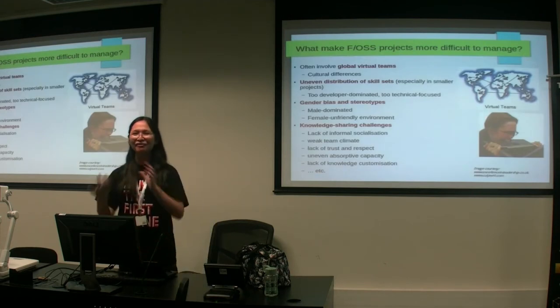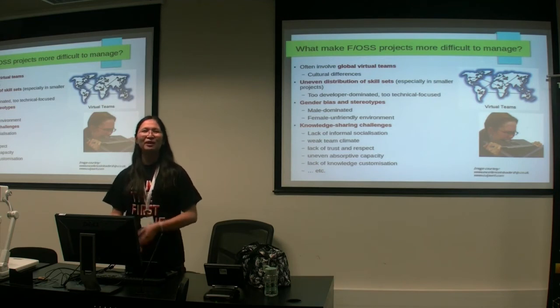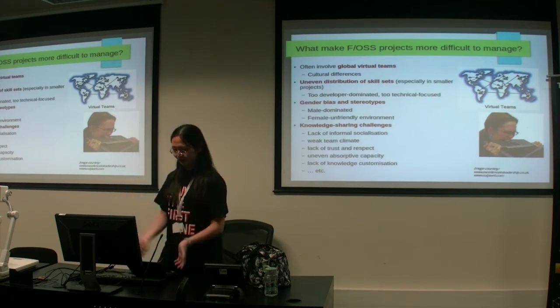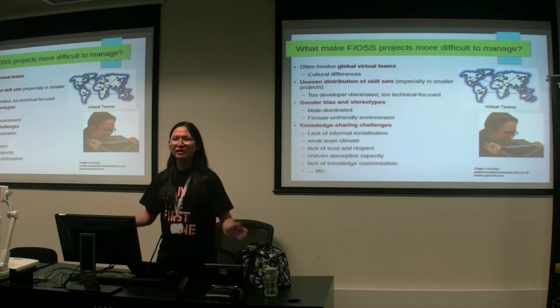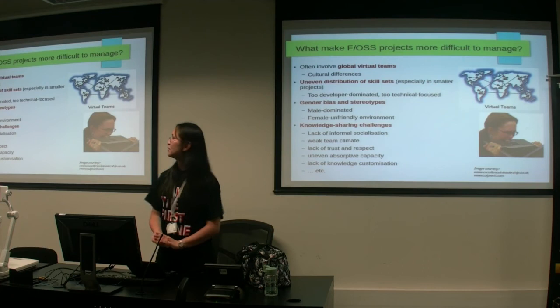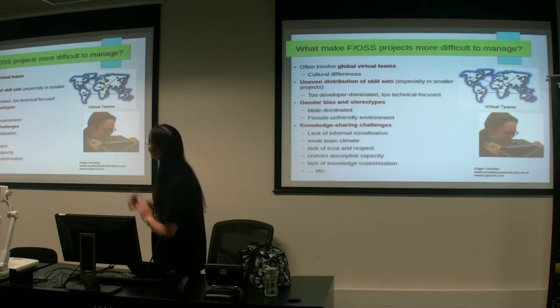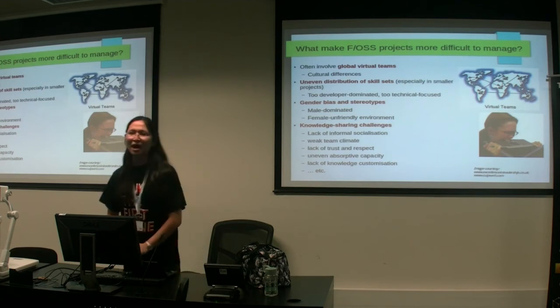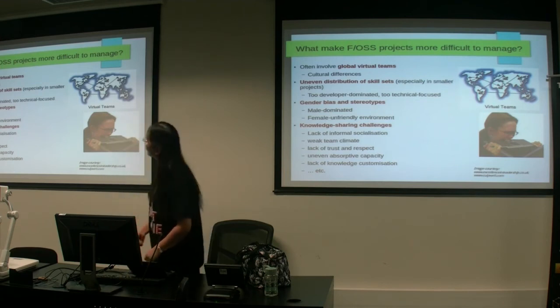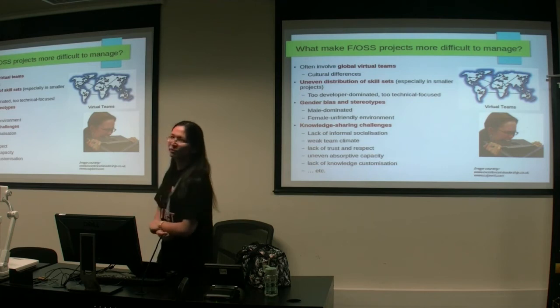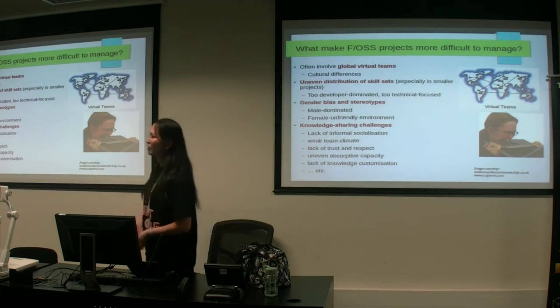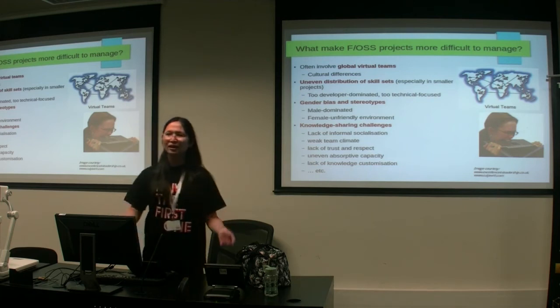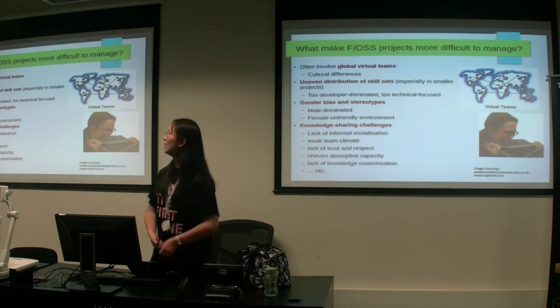That's hard because every successful product needs to have very good processes in all these different aspects, which require so many different expertise and skill sets. What makes free and open source projects more difficult than proprietary projects? Because free and open source projects usually involve global virtual teams. People work together in different locations across the world.